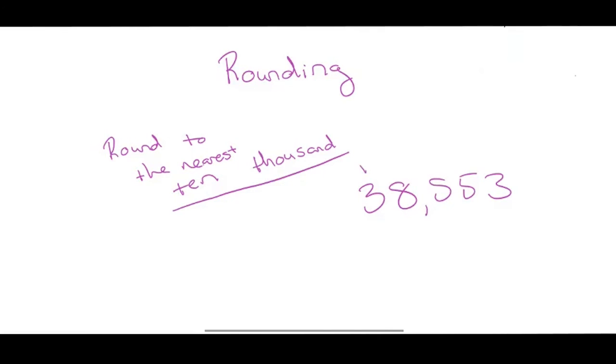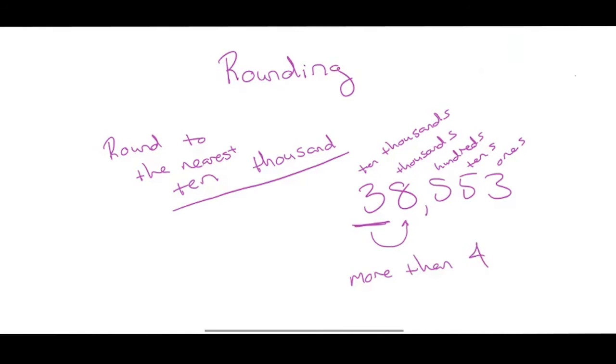All right, so let's say we're going to round to the nearest 10,000. Well, remember that 3 is in the 10,000s place, 8 is in the thousands place, this 5 is in the hundreds place, this 5 is in the tens place, and the 3 is in the ones place. All right, so we're going to round to the nearest 10,000. So I go to the 10,000s place. And I look immediately to the right and I ask myself, is this more than 4?